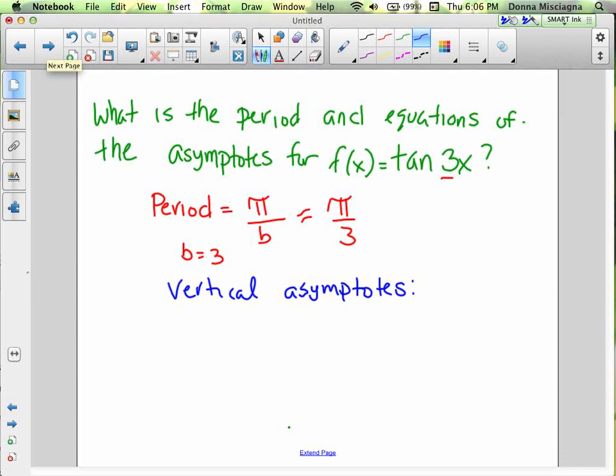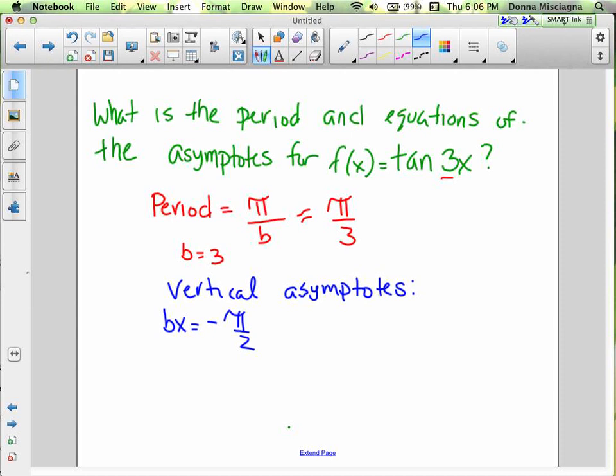To find the vertical asymptote, always we take bx and set that equal to negative pi halves, half of the period. Right? Because on either side of any period of the tangent graph is a vertical asymptote. So one period of the tangent graph is just the distance between any two vertical asymptotes.